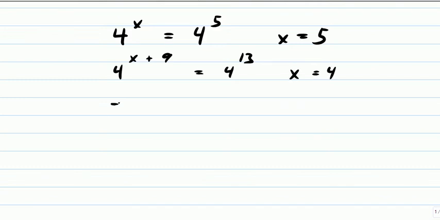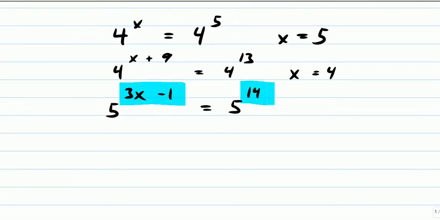Even if we go 5 to the 3x minus 1 equals 5 to the 14th, the kids just say, we just need to make those two things the same. It's kind of a no-brainer for them, but I'm trying to get them in the mindset of, wow, when those bases are the same, this isn't bad at all.